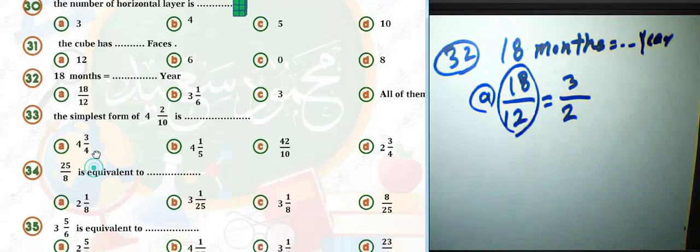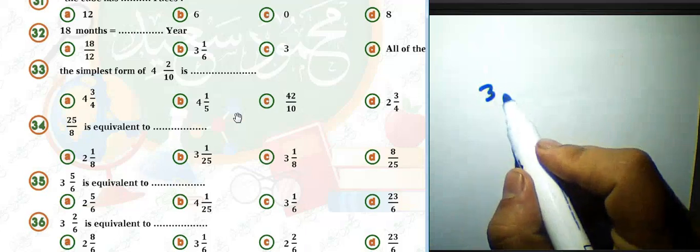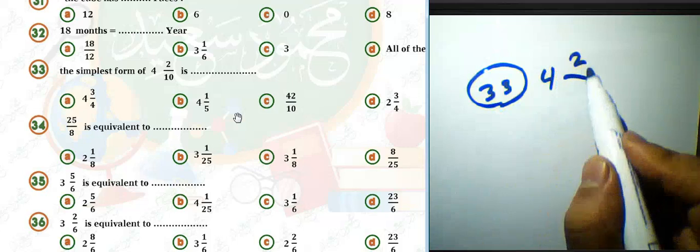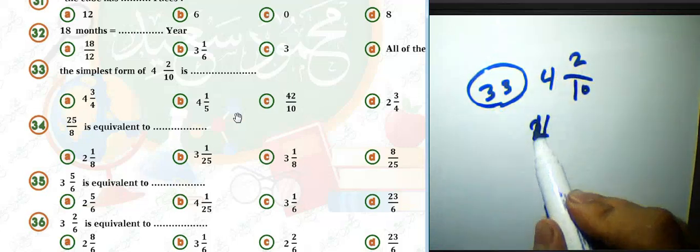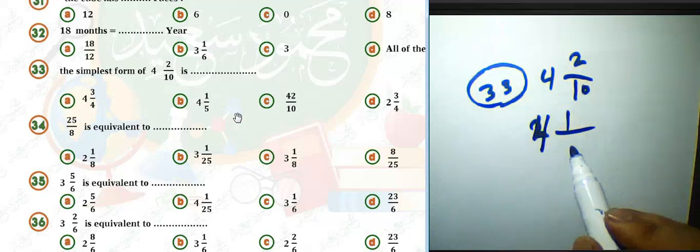Question 33. The simplest form of 4 and 2 over 10 is. For the simplest form, you can divide the numerator and denominator by 2. We can write 4 here outside, and 2 divided by 2 equals 1, 10 divided by 2 equals 5.